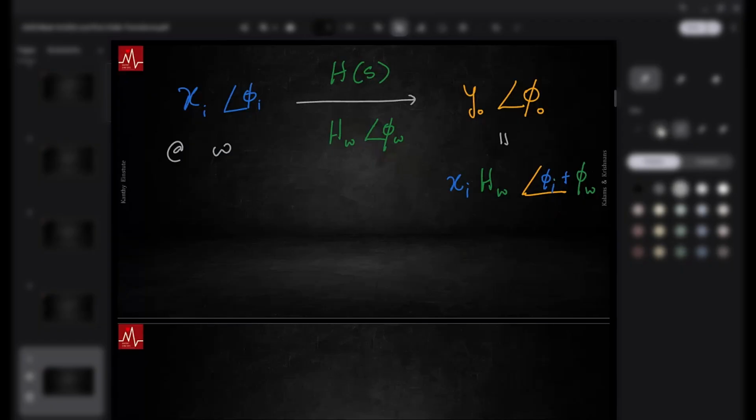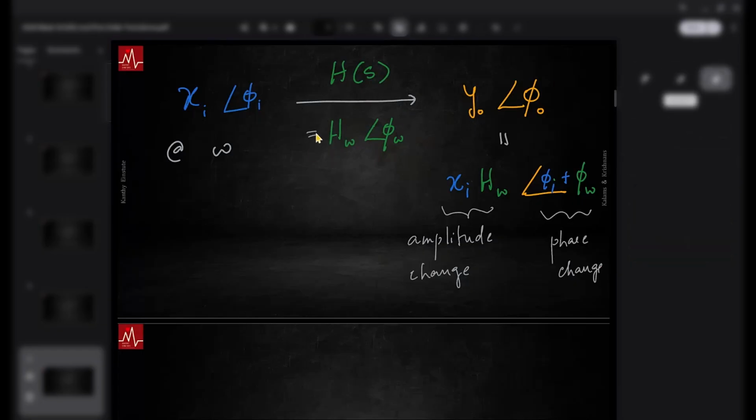So there is a phase change and an amplitude change. Notice this is your gain, the amplitude change, and there is a phase change. I have just rewritten H(s) this way. At any frequency it will have an amplitude and phase.